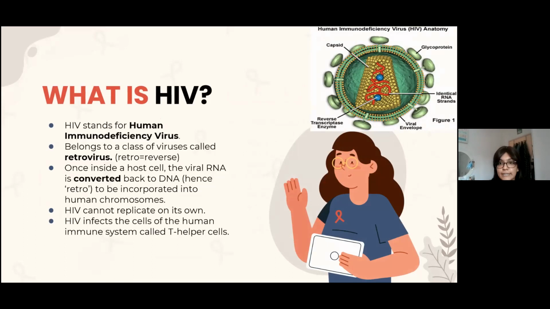The two red strands are basically the RNA strands. The HIV virus is spherical. The yellow area there is the capsid. The capsid is a protein coat. It is surrounded by the viral envelope, which is the outermost layer. It's composed of a lipid bilayer and glycoprotein.